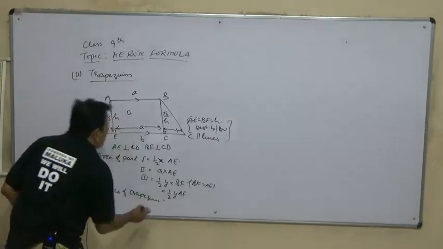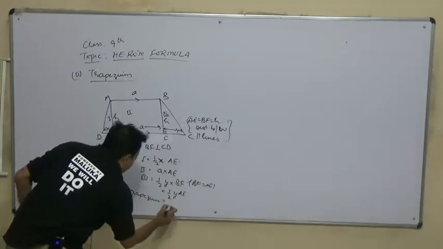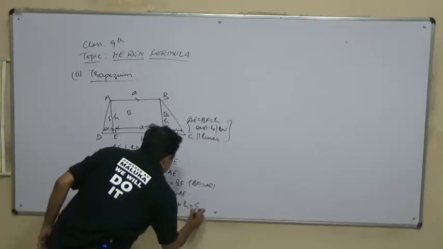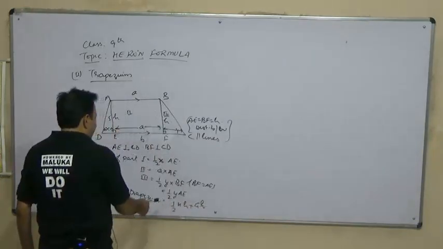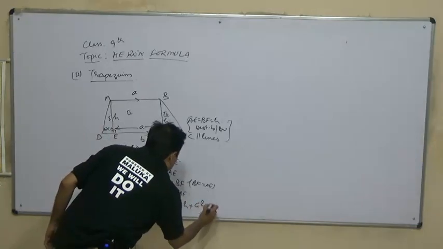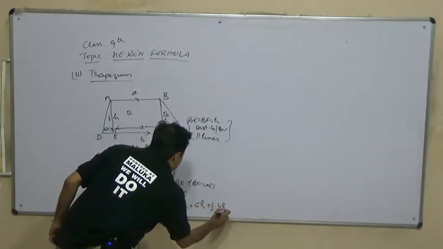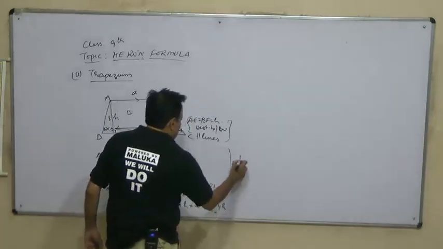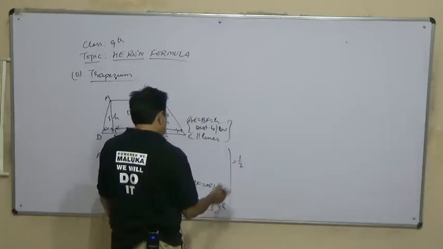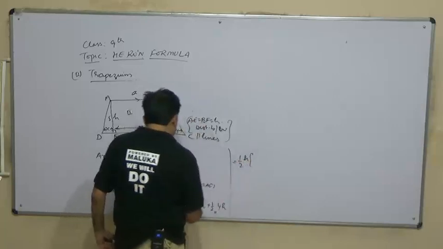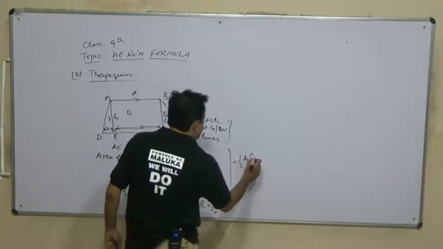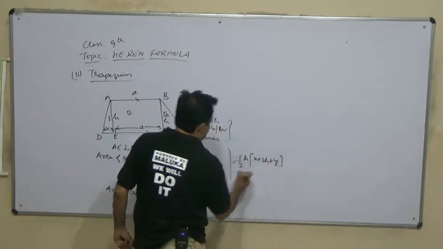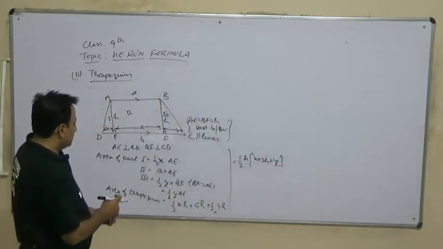So the area of the trapezium will be half X into H, A into H, and half Y into H. This comes out to be half H, we can take out as common, x plus 2a plus y.